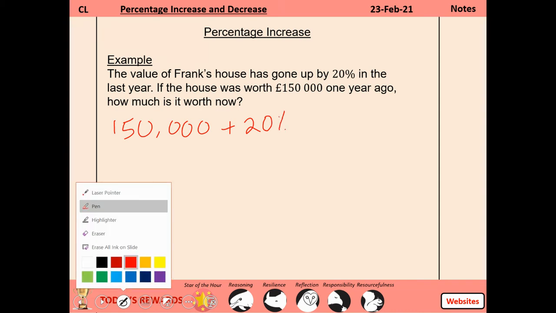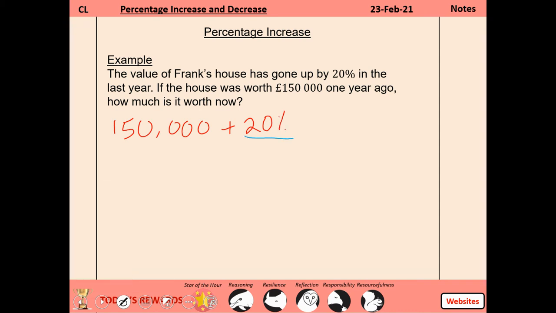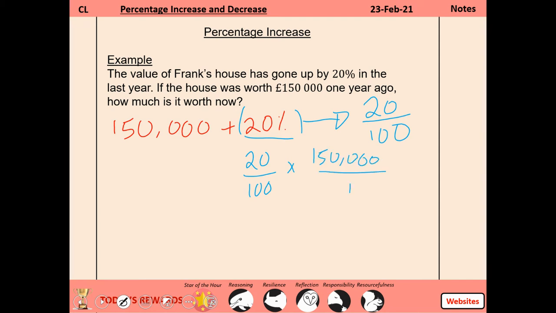So what you can say to yourself is, well, 20%, what is that as a fraction? Well, 20% means 20 out of 100, right? So what we're basically trying to do is work out 20 out of 100 of 150,000. We should make that over 1.